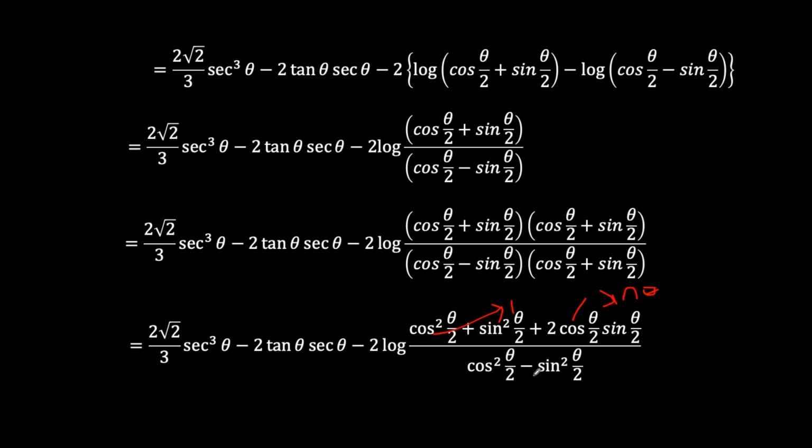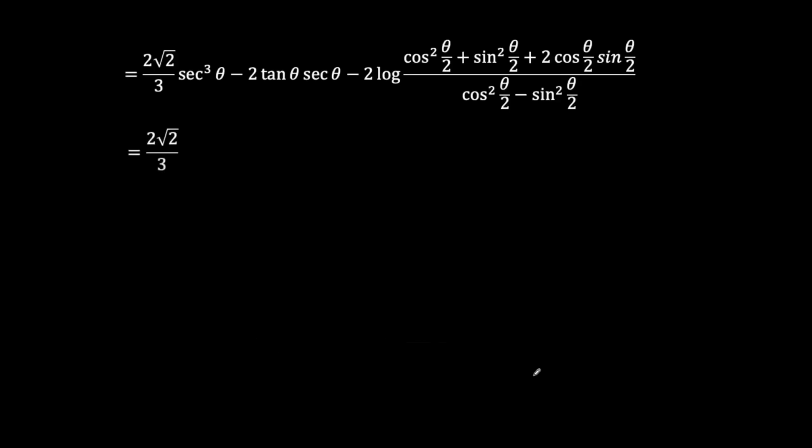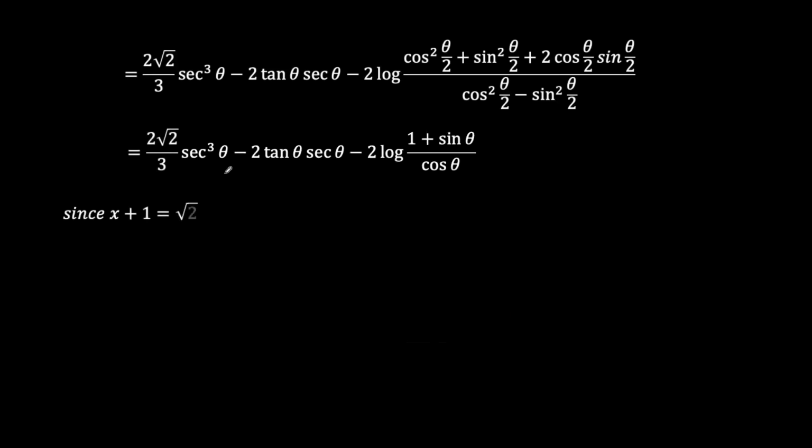And here this is same as cosine theta. So our problem now becomes root 2 over 3 sec cube theta minus 2 tan theta sec theta minus 2 logarithm of 1 plus sine theta over cosine theta.